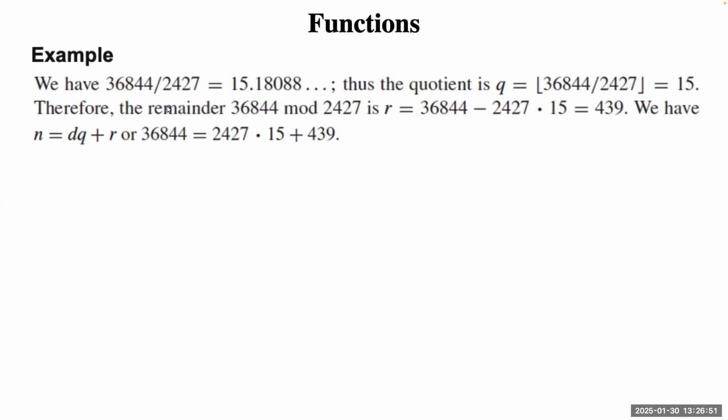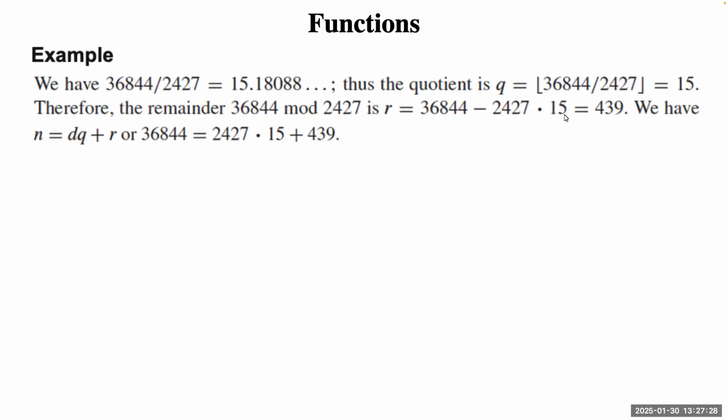Once you have that, you can figure out the remainder: r is equal to 36844 minus 2427 times 15. He divides the 2427 into the number and gets an answer and a remainder.